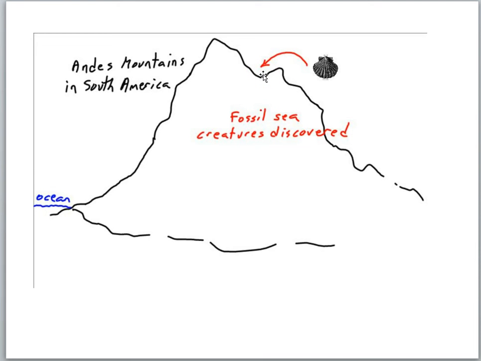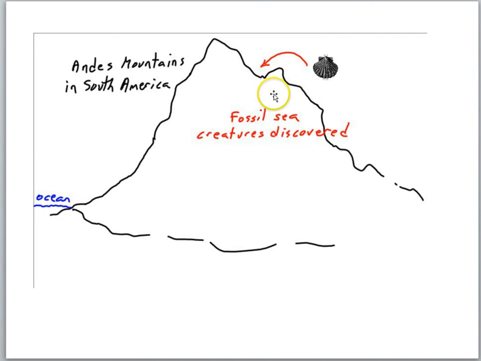Now, one possibility would be that perhaps long ago in the past, these creatures were living in the ocean, and somehow the ocean floor was pushed up to form the mountain, thereby carrying with it any fossilized sea creatures up to these great heights.